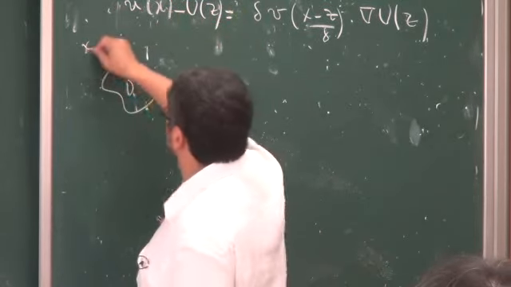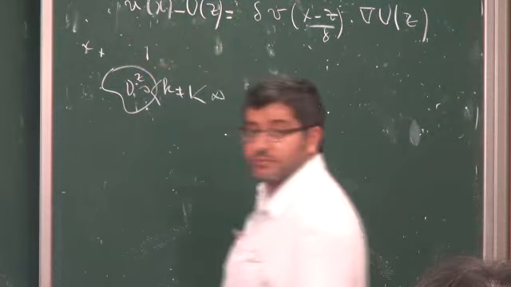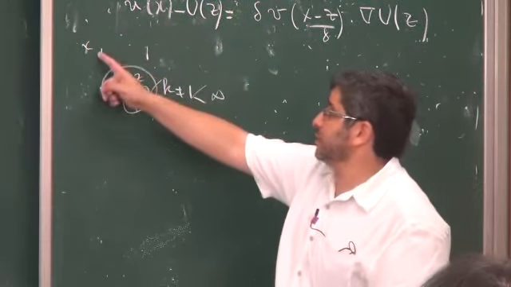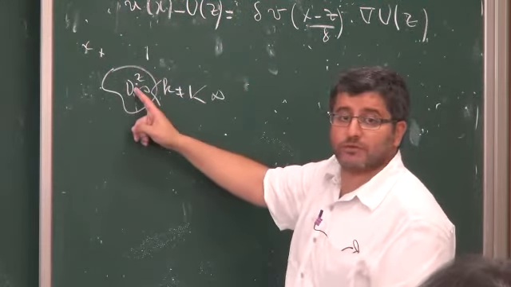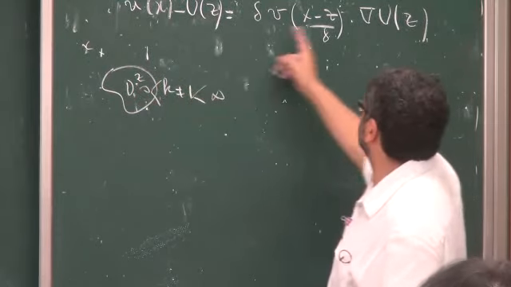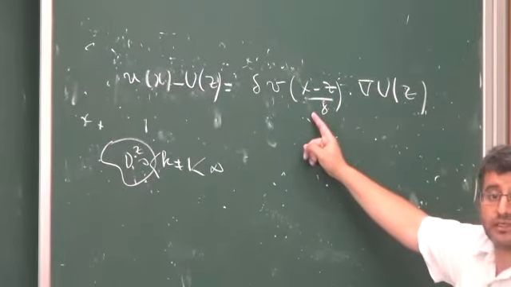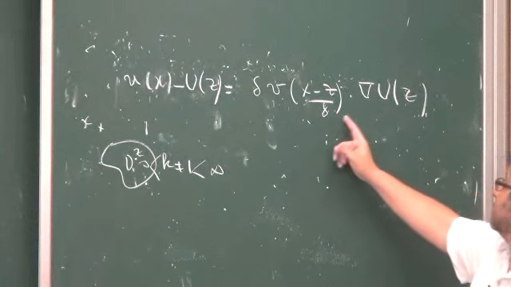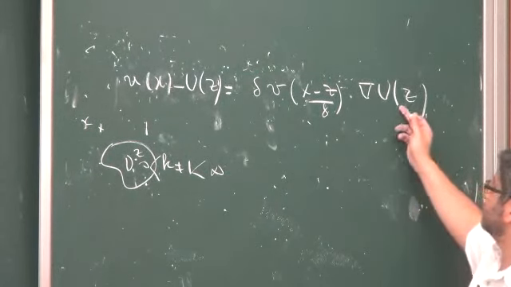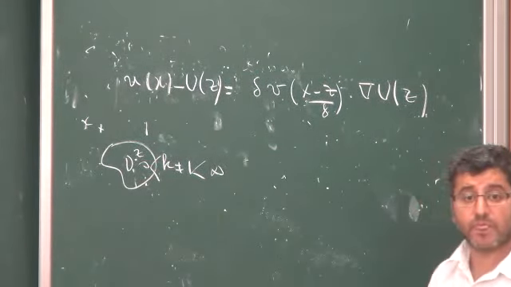So x is here, z is here. U of x, the perturbation here, is capital U of z plus this function, delta V of (x minus z) over delta times the gradient of u at z.